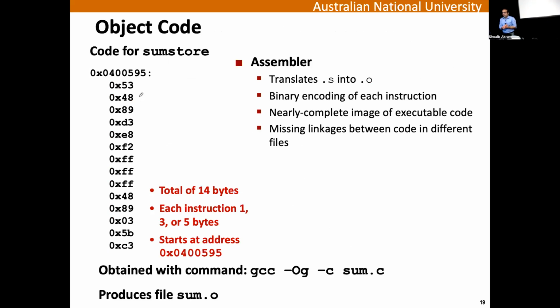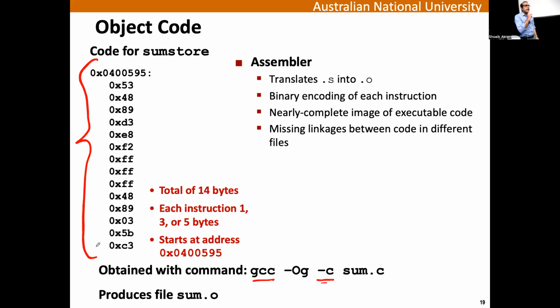All right, so if you don't want to produce the executable and you don't want to produce the assembly file, but you just want to produce the object code, you can use the -c flag. So gcc -c will produce the object code.